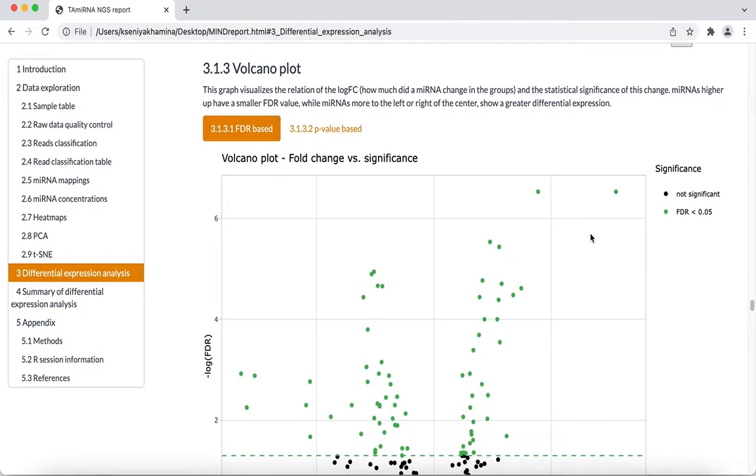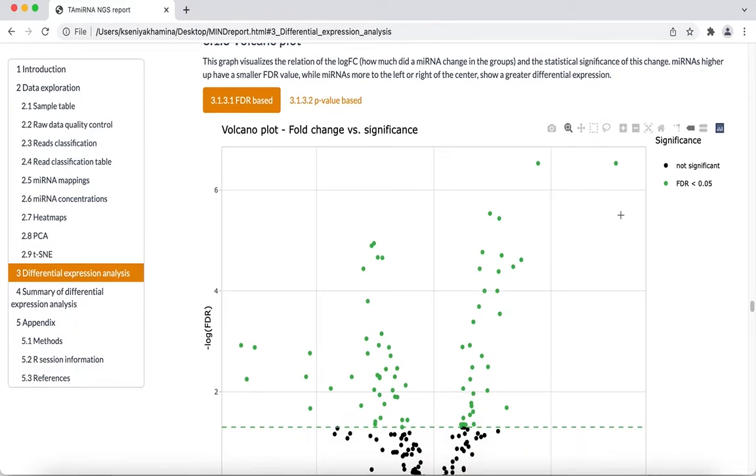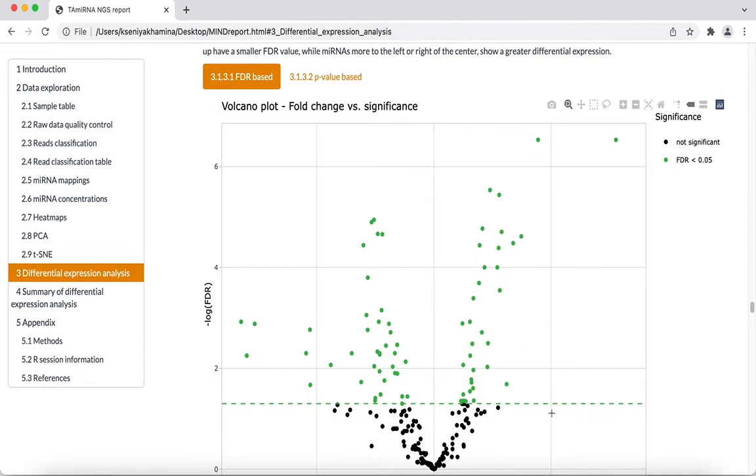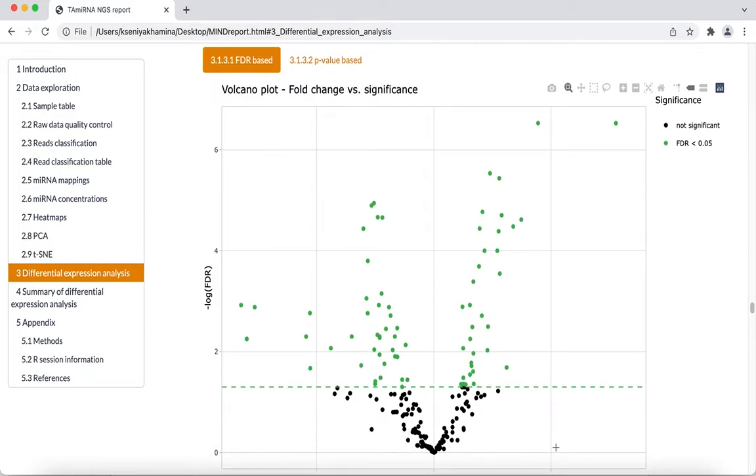3.1.3 provides us with information about the volcano plot, and this graph visualizes the relation of the log-fold change, which reflects essentially how much a microRNA changed between the groups, and the statistical significance of this change. That means essentially that the higher a microRNA is on this plot, the smaller its FDR value, while microRNAs that are to the left or right of the center demonstrate a greater differential expression.